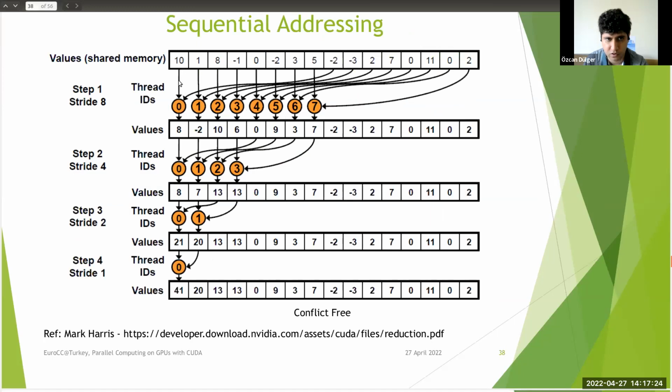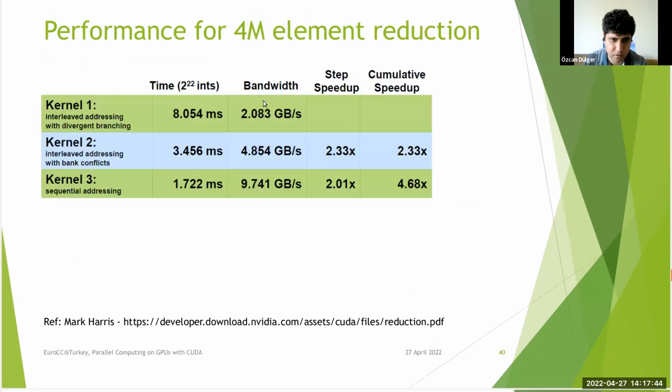Here again, when reading this portion of data, they access consecutively. So this overcomes the bank conflict problem.